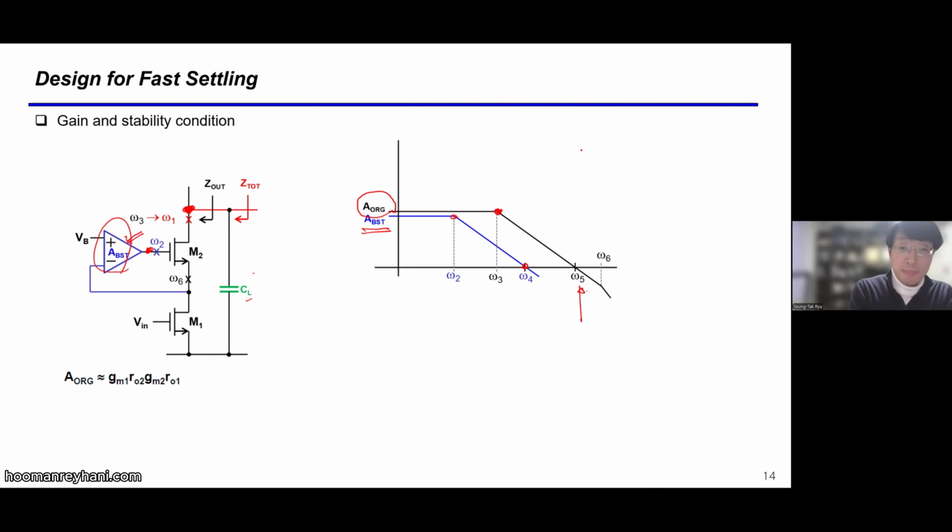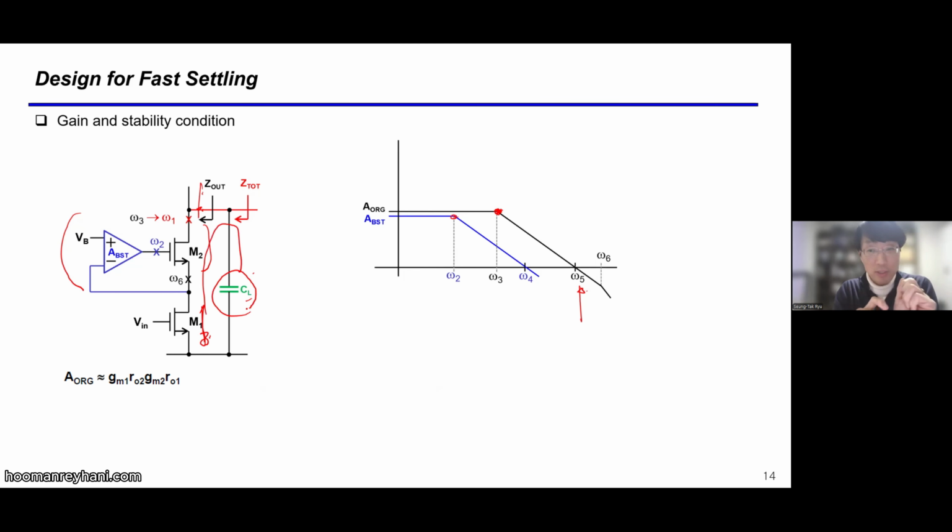And then when we make a feedback loop, a gain boosting feedback loop, then what happens? Does GM change? GM doesn't change, right? Whatever it is, the current appearing here will be GM V in. So GM is not changing, which means unity gain frequency is not changing. So unity gain frequency is still there.